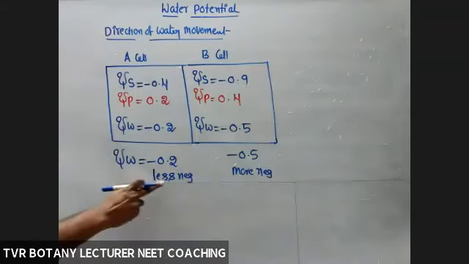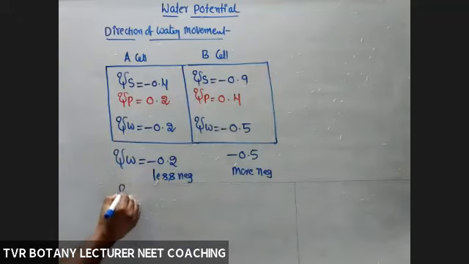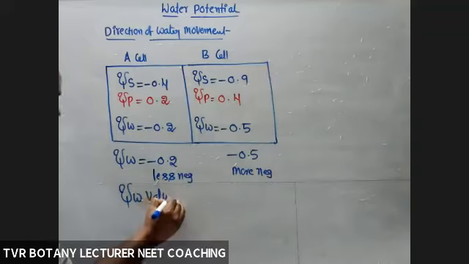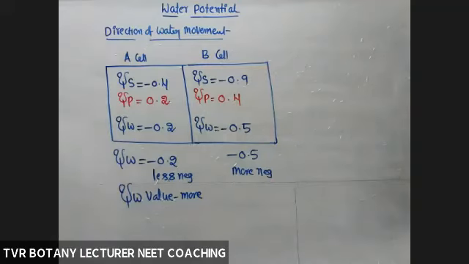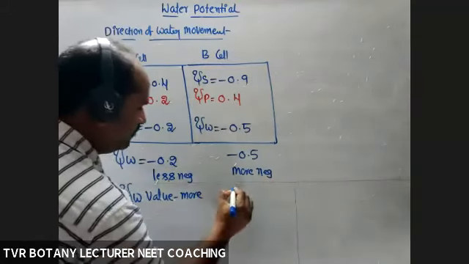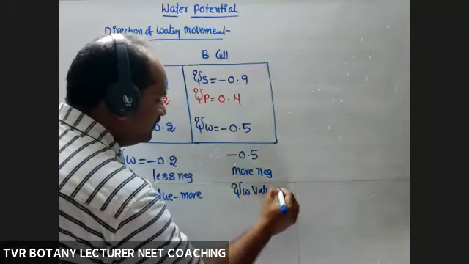Less negative means water potential value, psi W value, is more. More negative means psi W value is less.